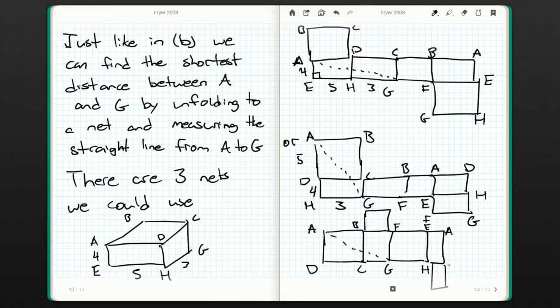And A here. D. It's really hard to unfold nets. BF, I think that's A, E. So HD, that's going to be G and C, I think. But the point is we get another right angle triangle. And it's going to be a 5 by 3 and then a 4.